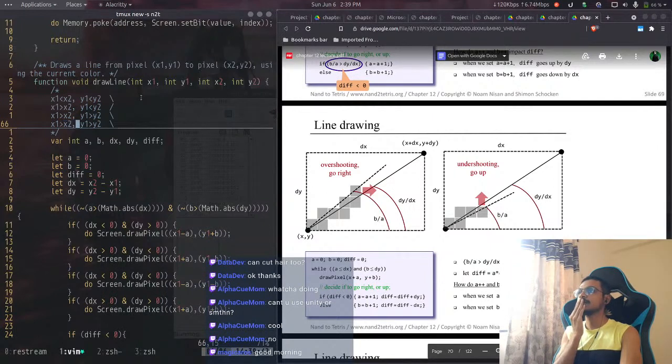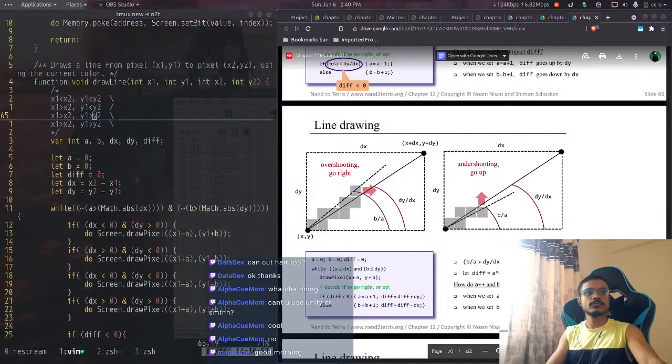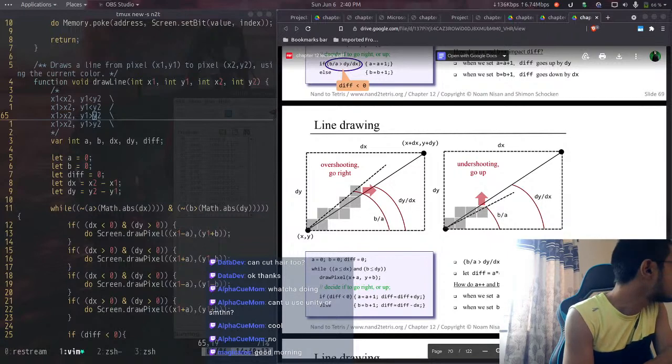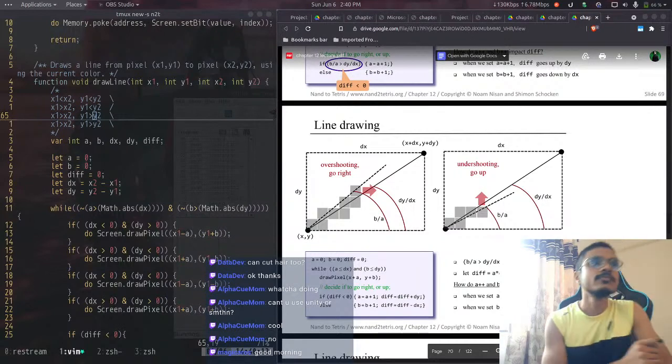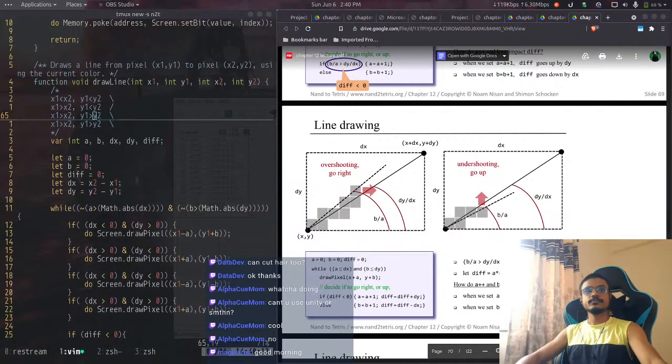Yeah, x is increasing and y is decreasing. No, it's this one. No, y is decreasing in this. Okay, I'm confused a bit.